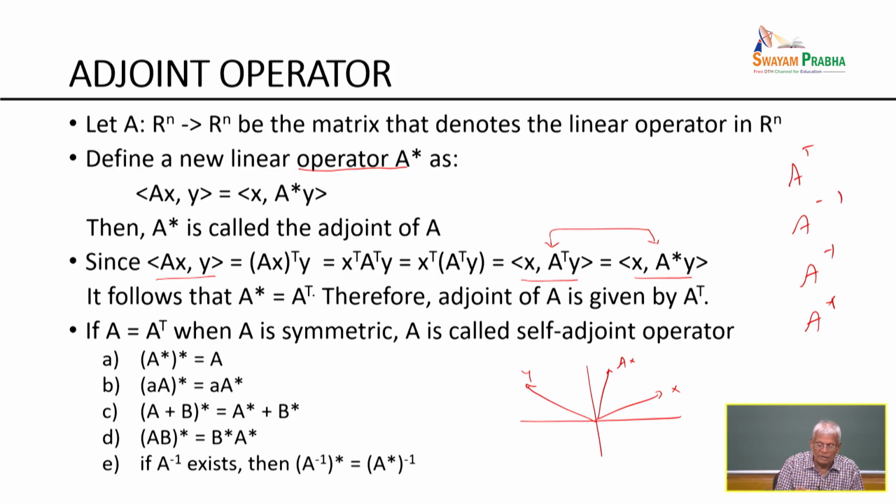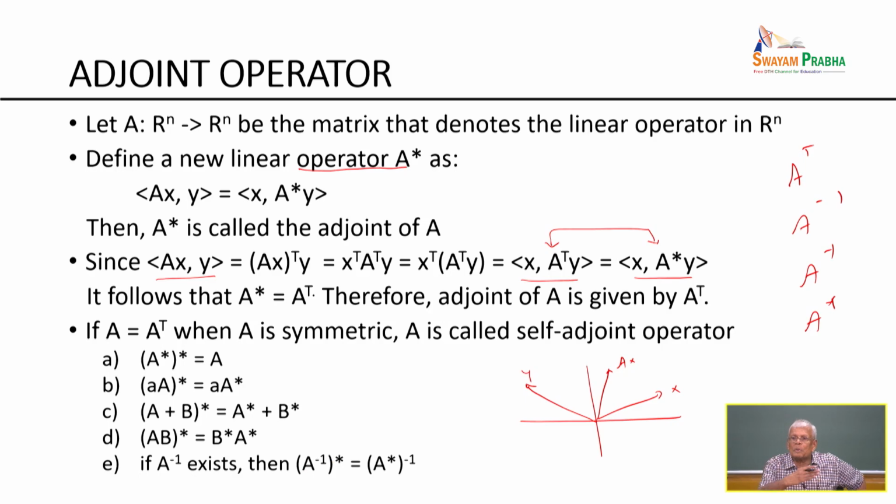Now I have several properties. Adjoint of an adjoint is A. Adjoint of a constant multiple of A is the constant times the adjoint. A plus B adjoint is A adjoint plus B adjoint. AB adjoint must be B adjoint A adjoint. If A inverse exists, then the adjoint of the inverse is the inverse of the adjoint.